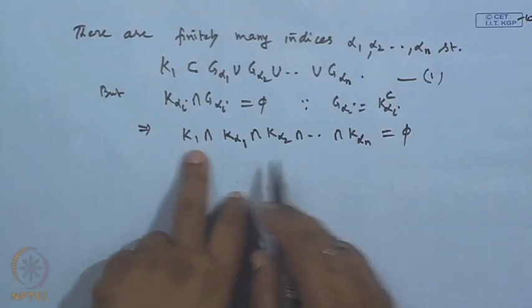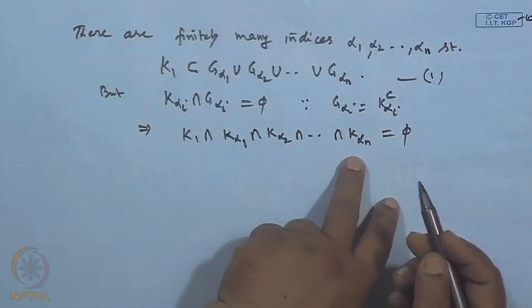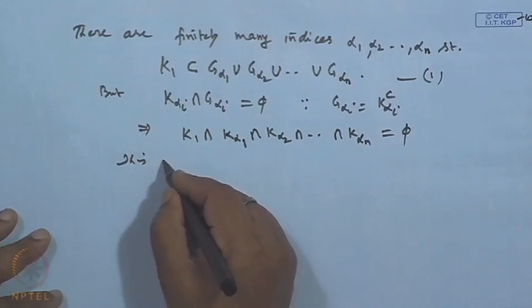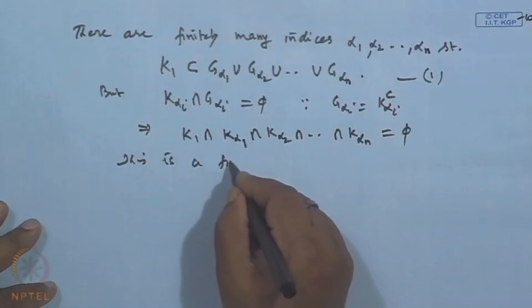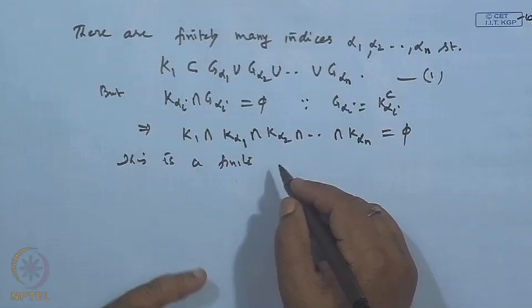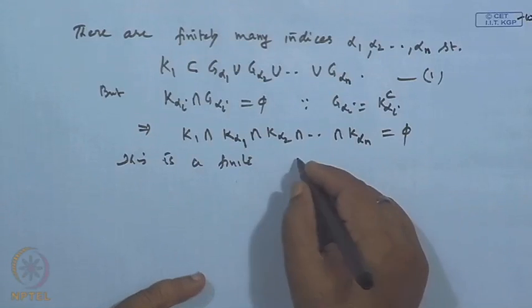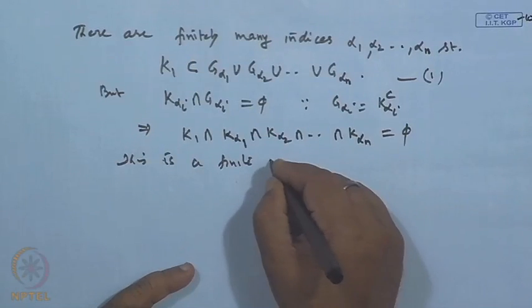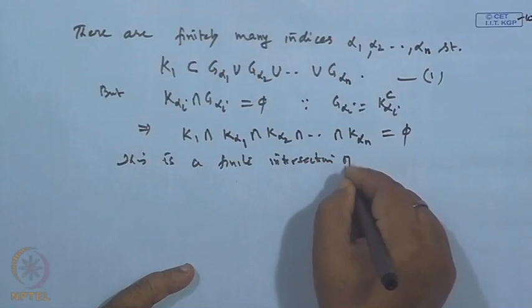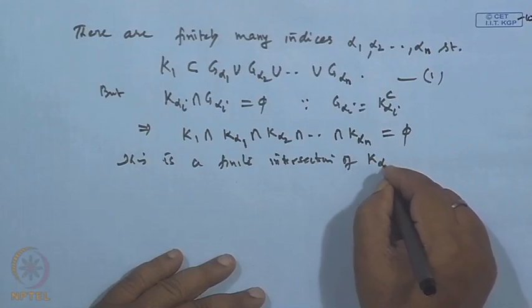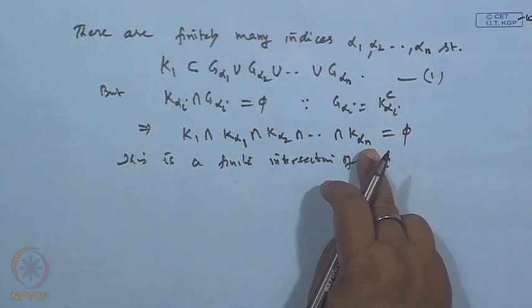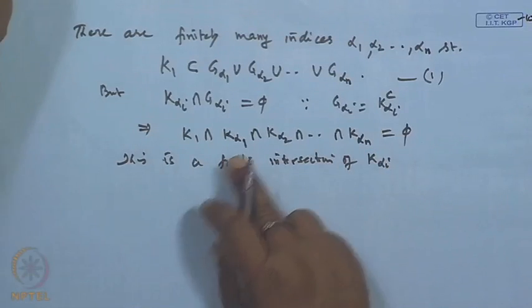But what is this? This is a finite intersection of K alpha, that is, if I pick a finite collection of these sets K alpha.